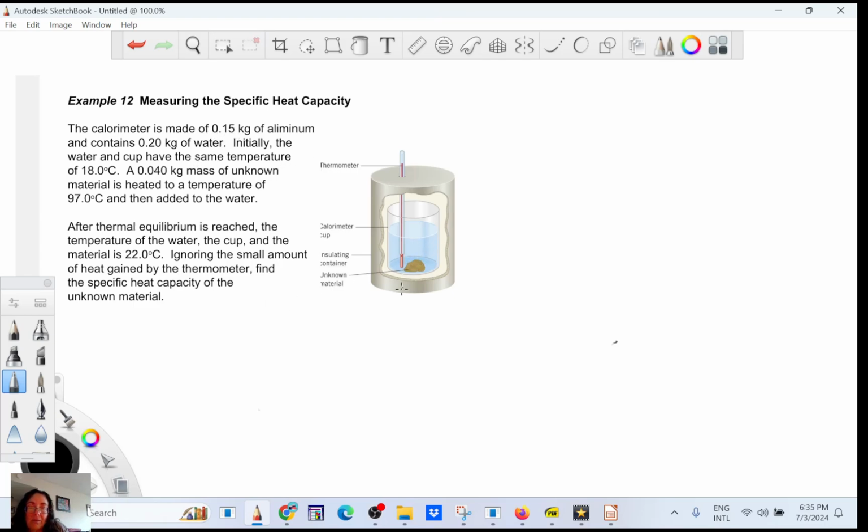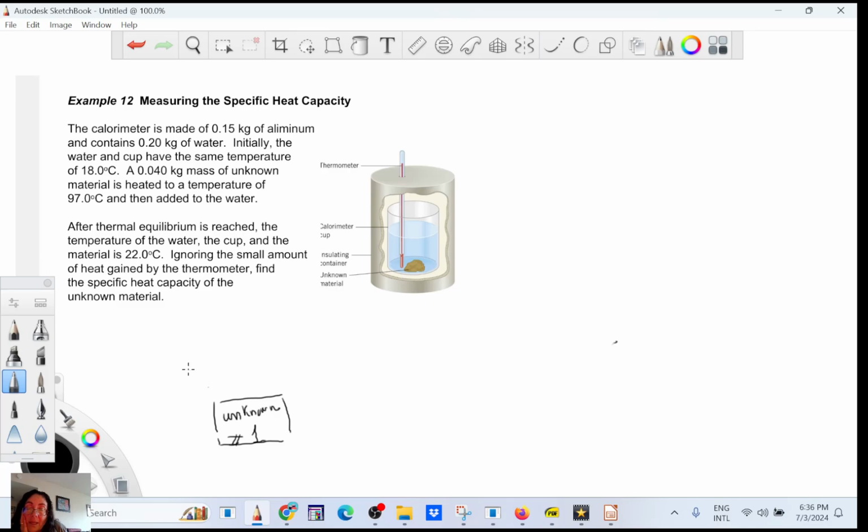Okay, so actually you have two materials. This is the unknown, so I'm going to call that system 1. The unknown has an initial temperature of 97 degrees Celsius because it has been heated before it is dumped in the water.